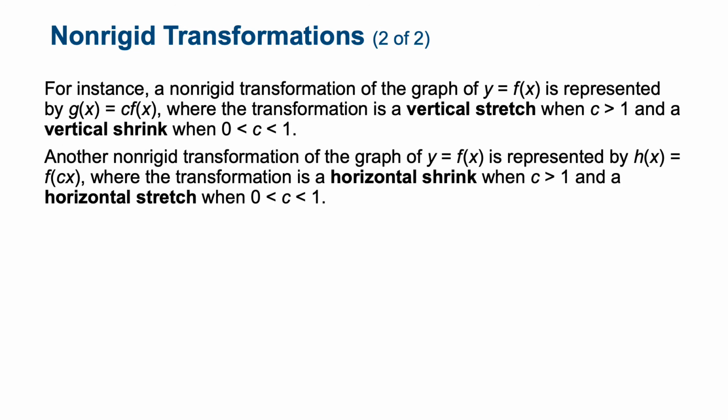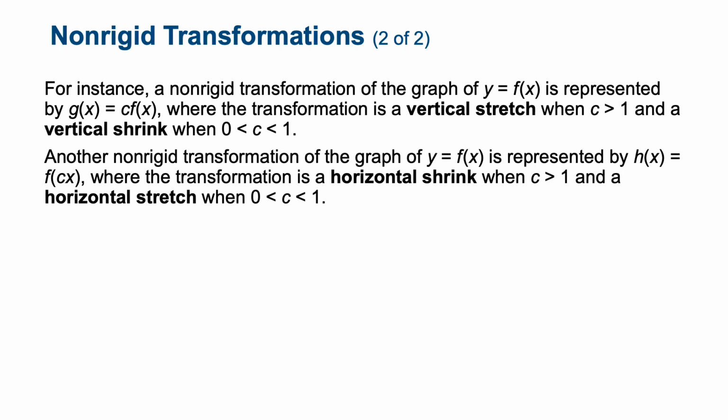So let's say, for instance, a non-rigid transformation can be represented by f of x multiplied by c. So g of x could equal a constant times the function, where if the constant is greater than 1, it's a vertical stretch, and it's a shrink if you have a fraction between 0 and 1. So that's if you multiply the entire function by a constant.